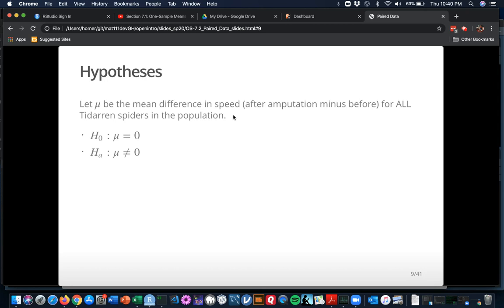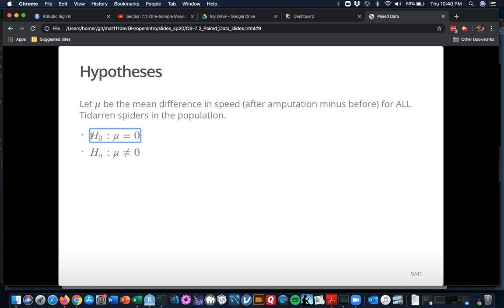In the previous section, the mean was just the mean of a bunch of numbers in the population. But here it's the mean of the differences of pairs of numbers in the population. And the null hypothesis just thinks that mu is 0.